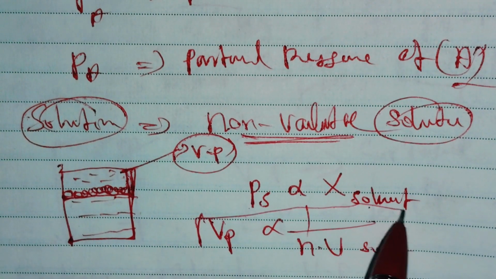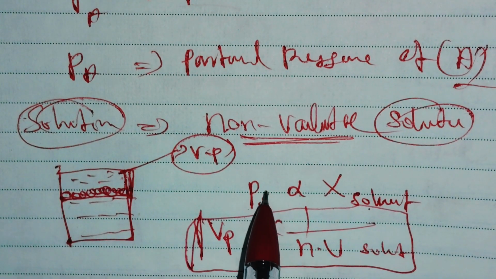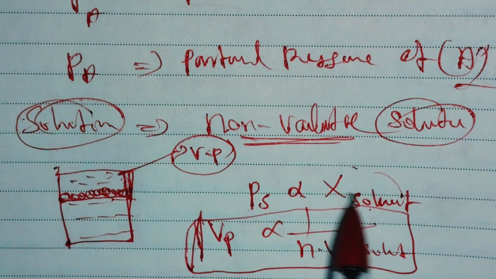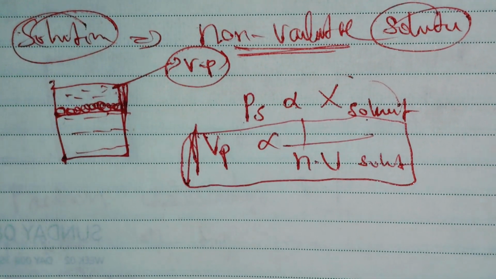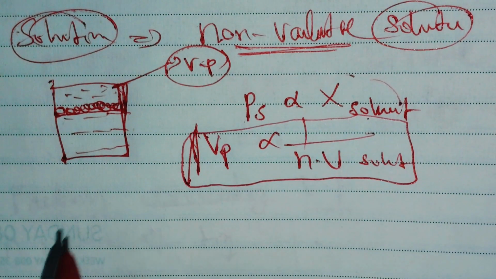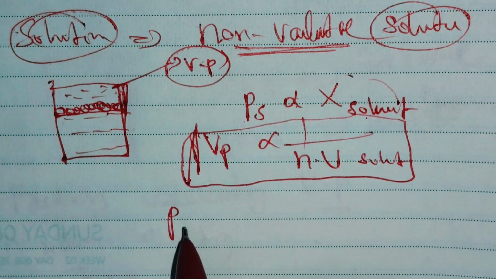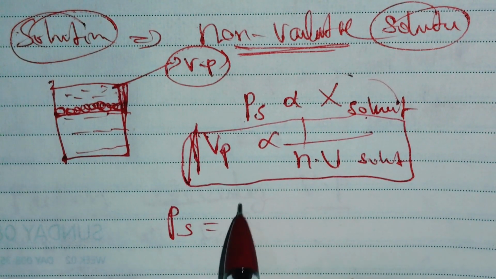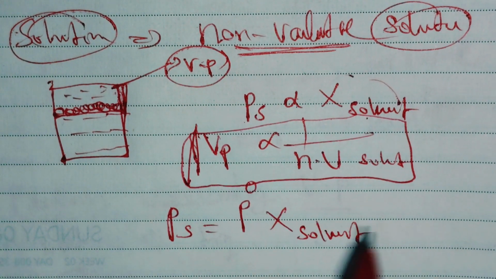So the vapor pressure of the solution depends only on the mole fraction of the solvent. Here we introduce a proportionality constant: P of S is equal to P naught times X of the solvent.